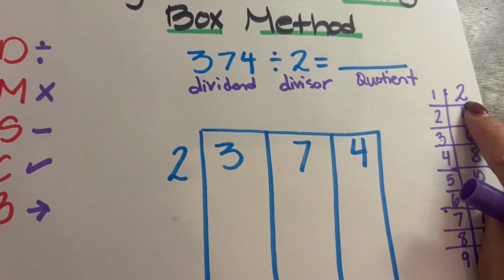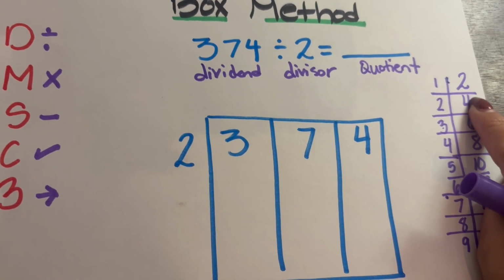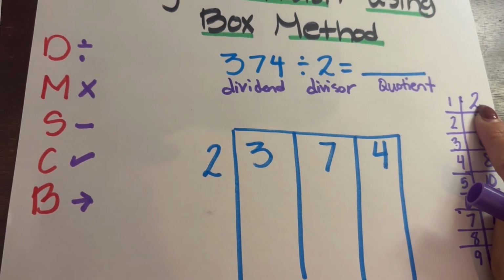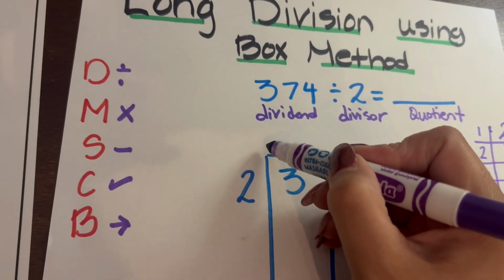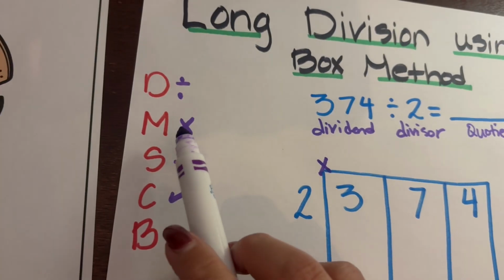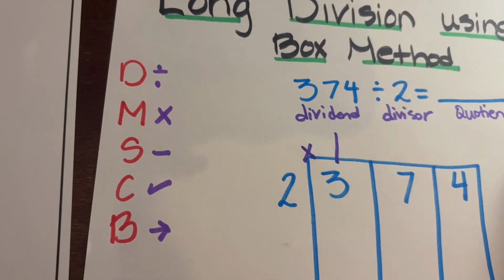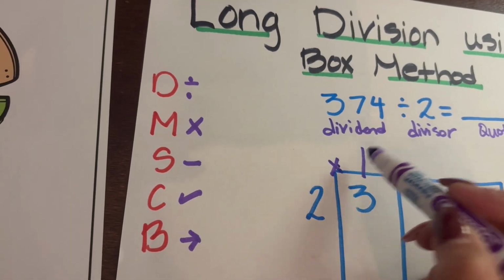We have to find the biggest number without passing it up. So we have to use 2, which would be 2 times 1 is 2. And you can put a little multiplication symbol here to help you remember that, because the next step is to multiply. So the 1 is going to go here because we use the first one. Next step, multiply. 2 times 1 is 2.